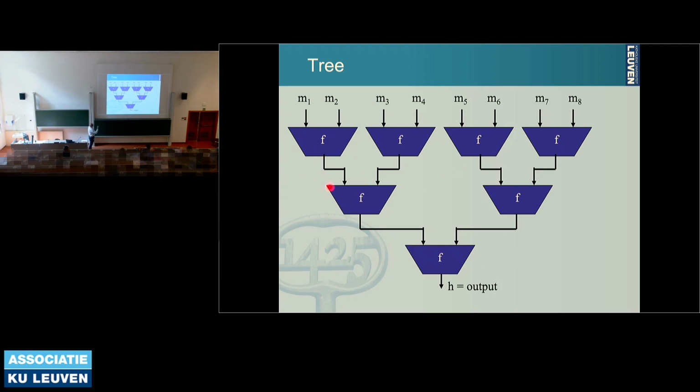And then the next layer, you take the outputs of the previous layer, and again, you compress 2 blocks to 1. And if you do that enough times, then in the end, you will have 1. So that's one way to go. And then the number of layers that you have depends on the length of your message. It's the logarithm, basically.